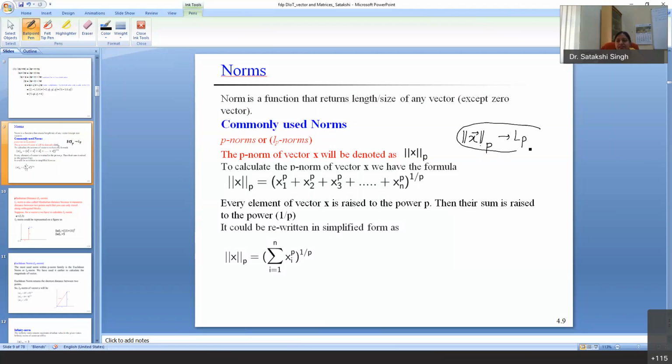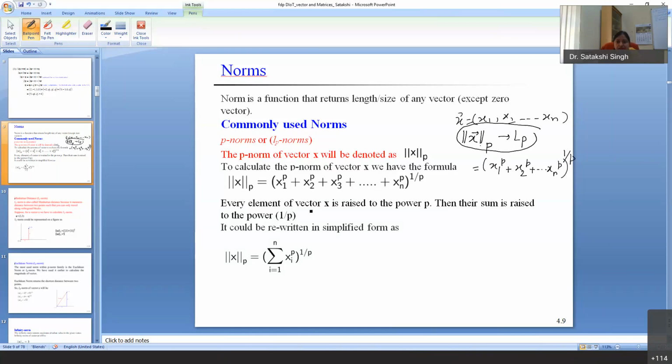It is defined like this, and the formula for the Lp norm is as follows. If we have a vector x having the components x1, x2, and so on up to xn, then the norm of x with p is x1 raised to the power p plus every component having the power p and added together, and finally we have the 1 by pth power here.